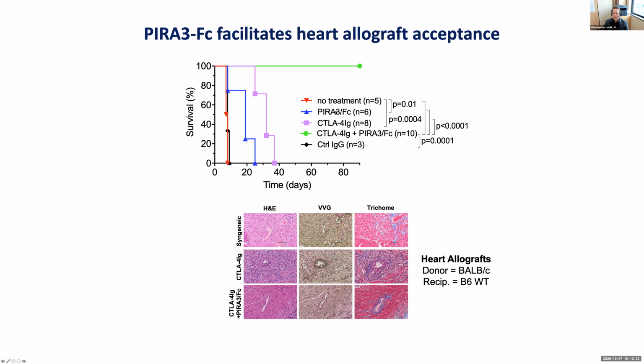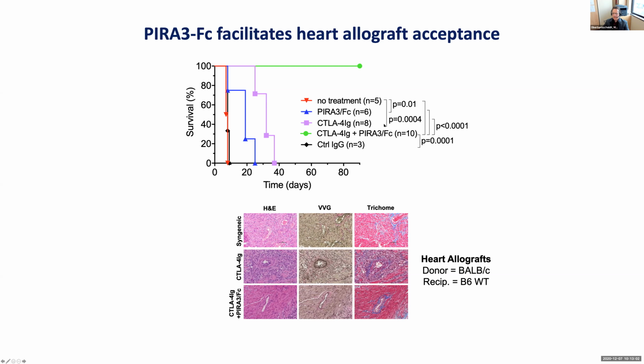So here in the mice that you don't treat with anything, you see fairly quick rejection around 9 or 10 days after transplantation. And again, when you treat these mice with PIR-A3 Fc, you see prolongation of allograft survival, as you do in a commonly used model of co-stimulatory blockade with CTLA-4 Ig.